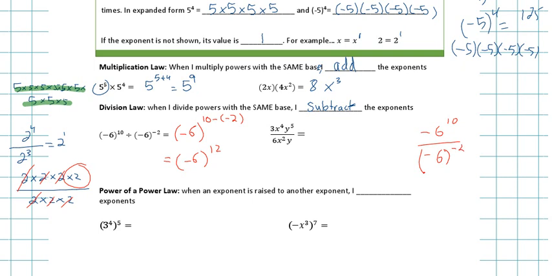Your base here is 6, your base here is negative 6. Without the brackets, it's positive 6. The negative and the negative cancel each other, so they become positive, and then it will be 6 to the power of 12. Remember that your bases have to be the same.